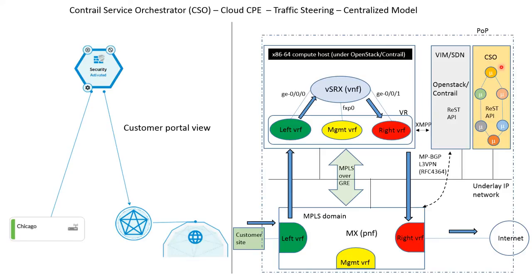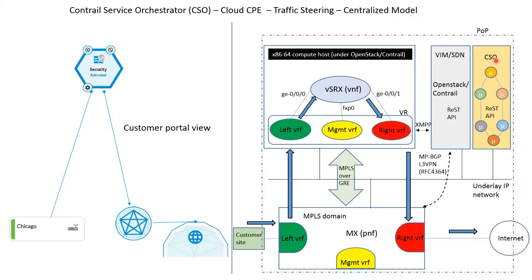This set of applications here is hierarchically above OpenStack and Contrail, so its role will be to provide more abstraction so that customers can achieve instantiation and provisioning of service end-to-end in an easier fashion.